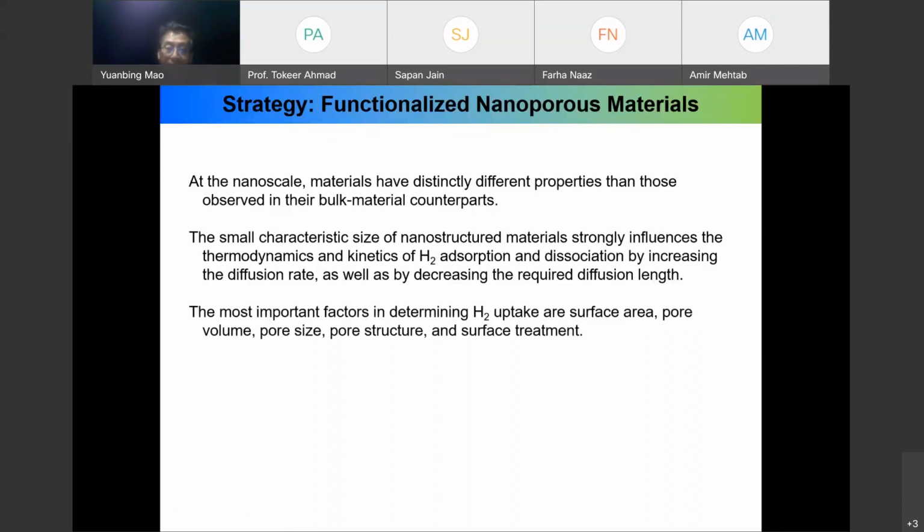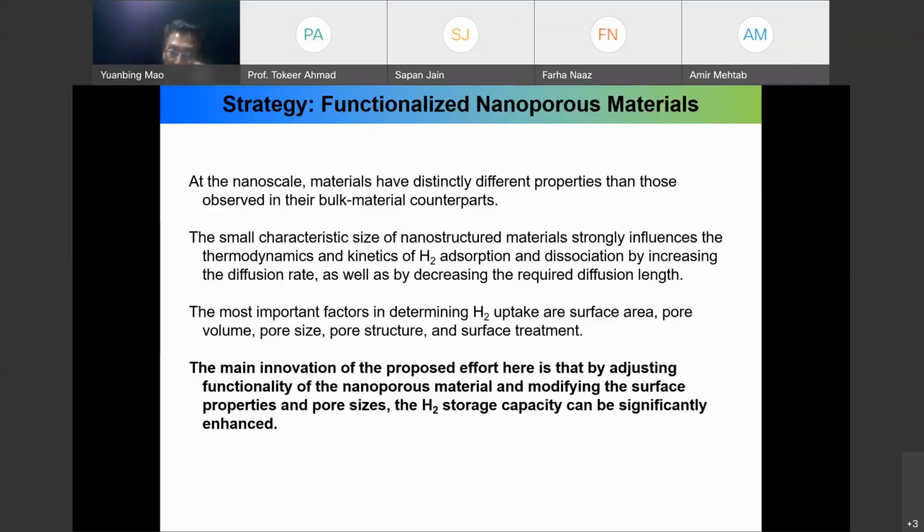So what are the most important factors that determine the hydrogen uptake or hydrogen storage? They include the surface area, the pore volume, pore size, pore structure, and the surface treatment. I will talk a little bit more about the surface treatment.